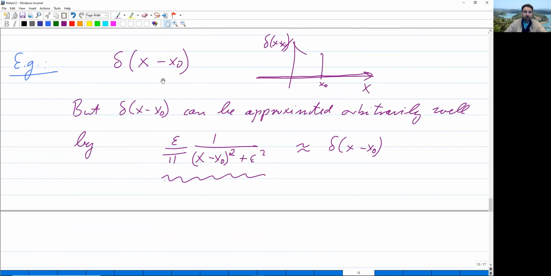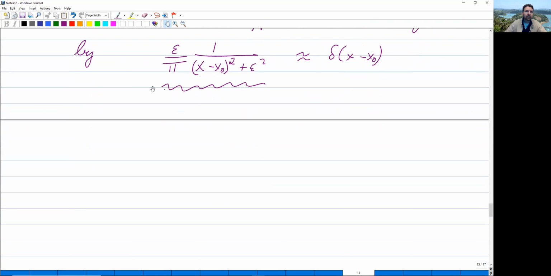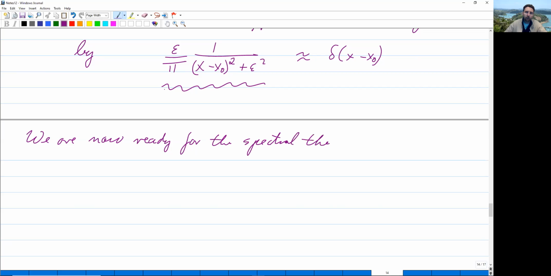All right, so now we are basically ready for the spectral theorem. Theorem for self-adjoint operators.